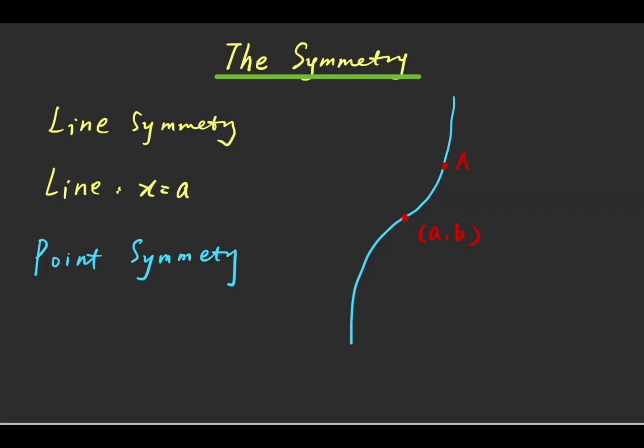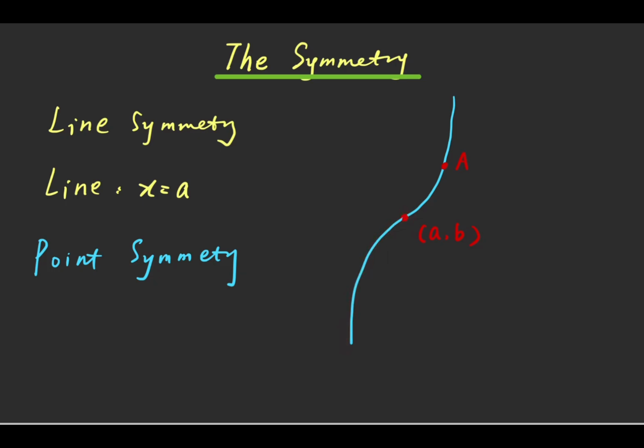You can use the second point B to understand the definition of point symmetry. Point B, if you rotate this point B about this point (a, b), you will get B prime. And B prime is just on the other side of the graph.